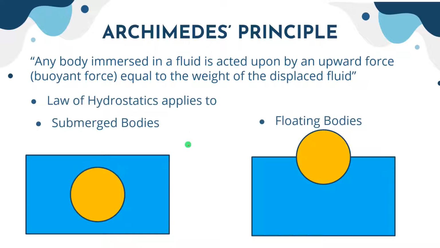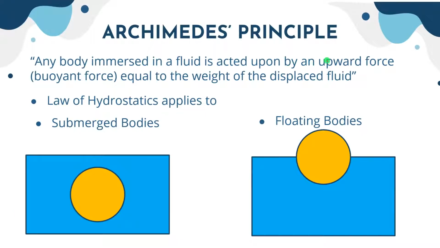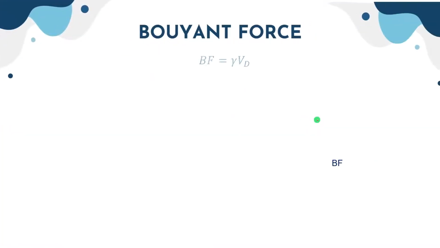So, what is buoyant force that is being referred to here? As mentioned earlier, the buoyant force is the upward force that is exerted by the fluid, which is equal to the weight of the displaced fluid.